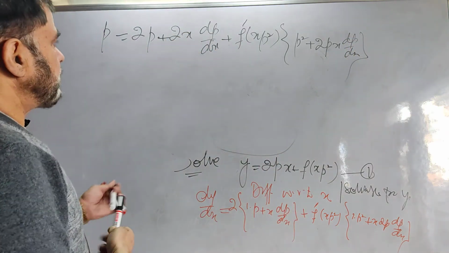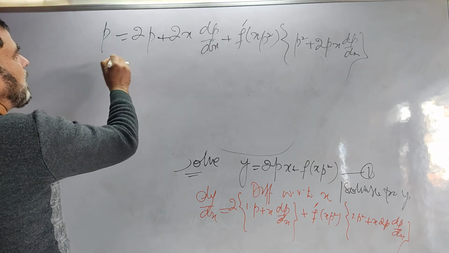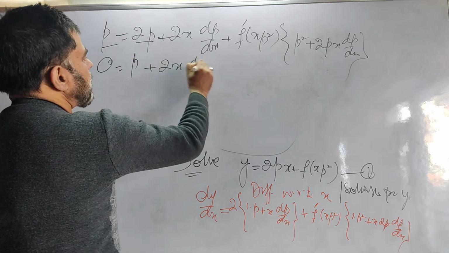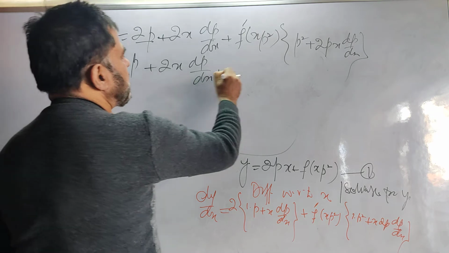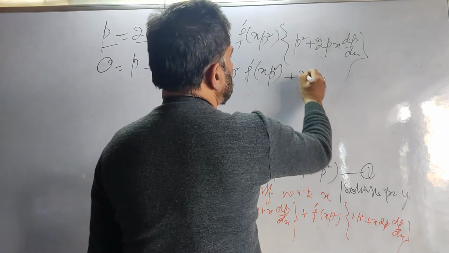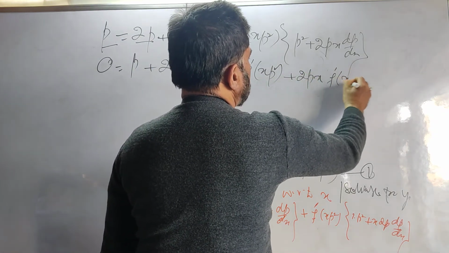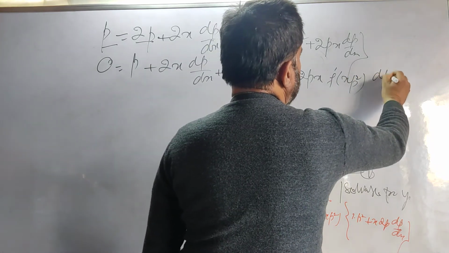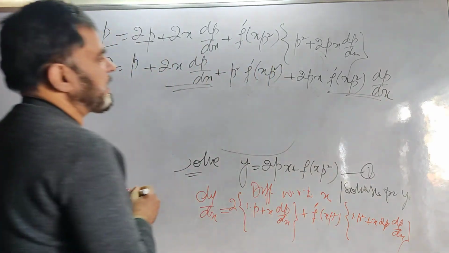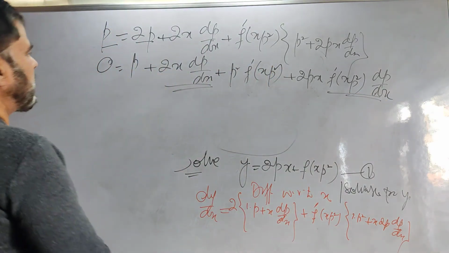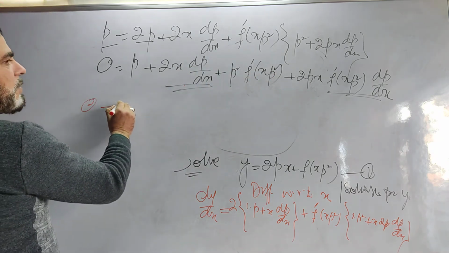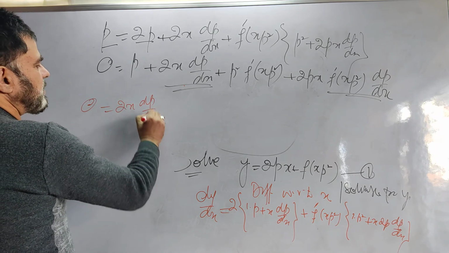Let us have the factors now. This will be 0 is equal to 2p minus p, it is p plus 2x dp by dx. You can write it p square f dash xp square, then plus 2px f dash xp square dp by dx. Yes, this is dp by dx, this is dp by dx. I will connect it. This is 0 is equal to, from these two factors I will take 2x dp by dx out.